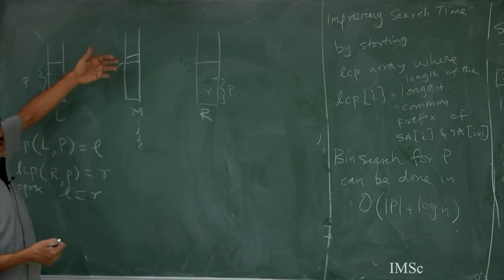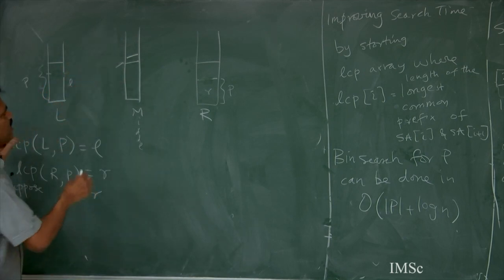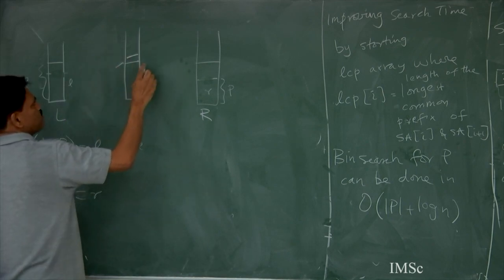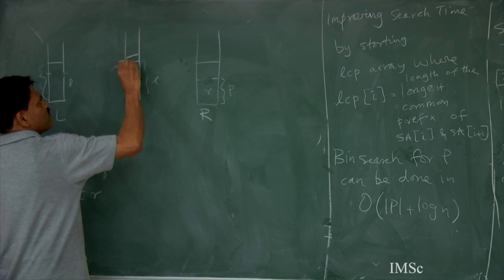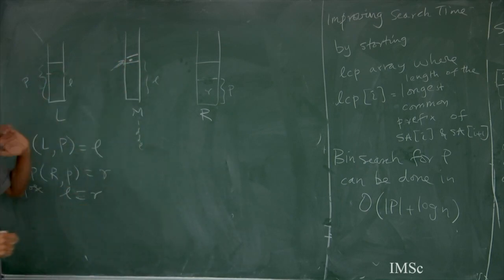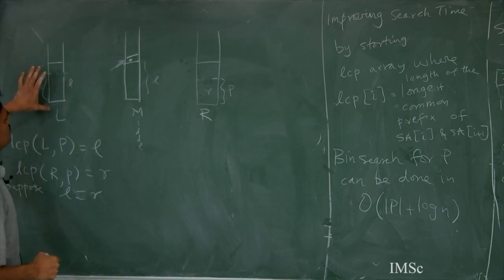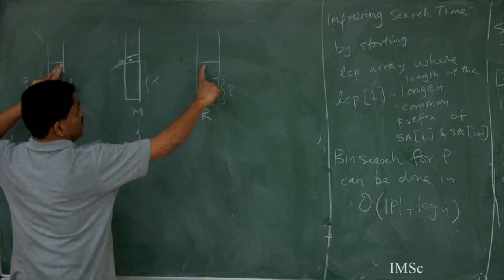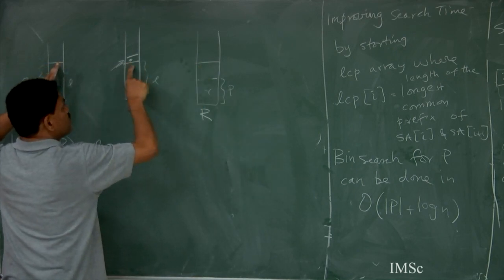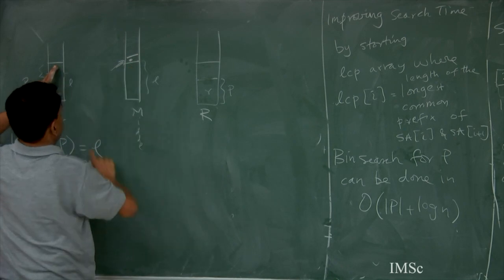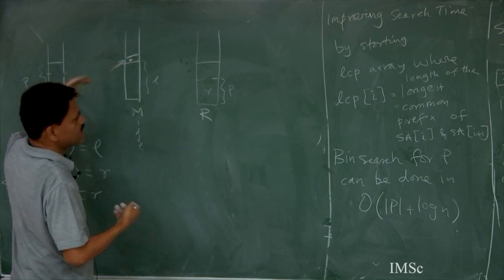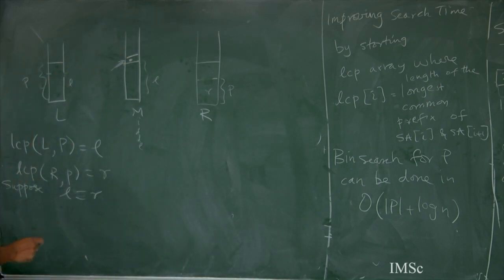Since it is a sorted order of the suffixes, I would have also matched with this l. So, now I can start comparing from my l plus first position. I do not need to compare the earlier characters because this is a sorted order. If these two are the same, then that much length here must also be the same and my pattern would have matched with that anyway. So, why bother comparing? I am going to skip and compare with the next character. Okay, that is an easy case, right.